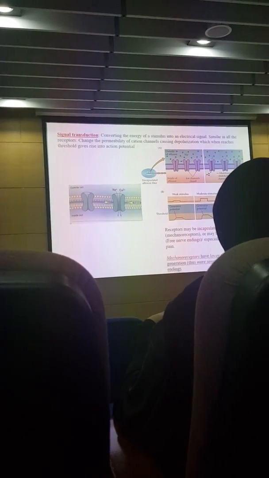Okay? Now, signal transduction, you know, we said it is the conversion of energy into electricity. And how does energy convert to electricity? If we open the sodium channel. So anything opening the sodium channels in a receptor is what we call the stimulus. Some receptors open their sodium channels by pressure.